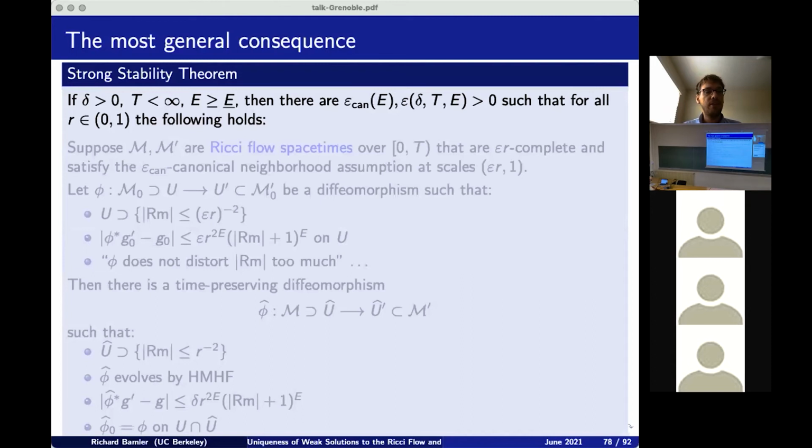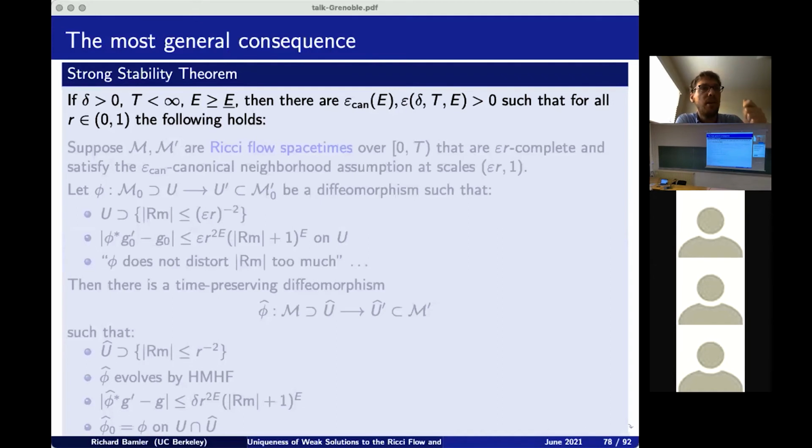Okay, so essentially, as a byproduct of this proof, we get what we call a strong stability theorem. It allows us to say that two flows are close if the initial data is close. That's why we call it a stability theorem. Now, something surprising is that the stability theorem has relatively weak assumptions on the kind of Ricci flow spacetimes that we're working with, because in these proofs, we're really not working at small scales.